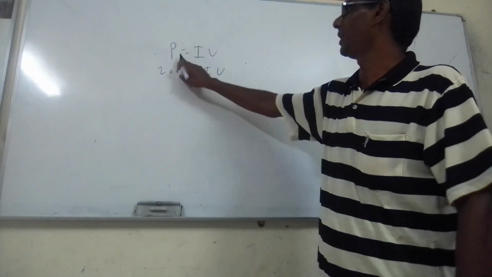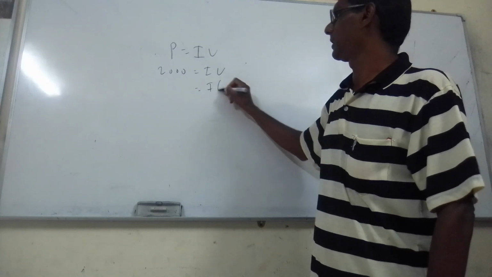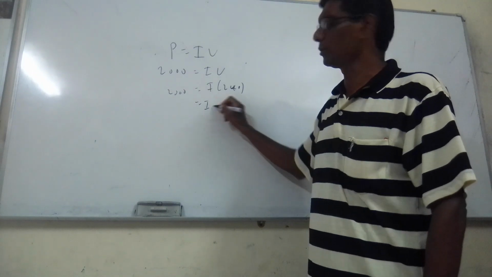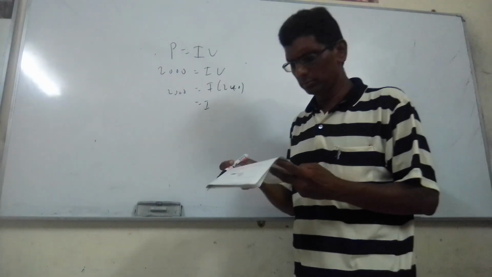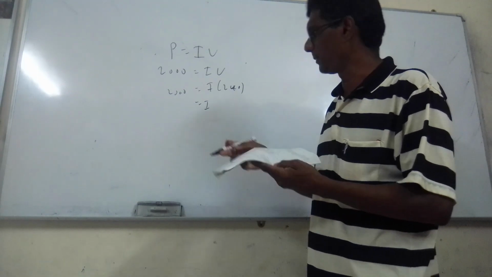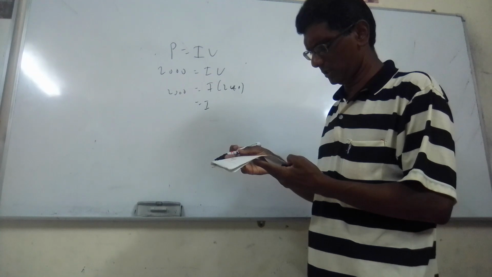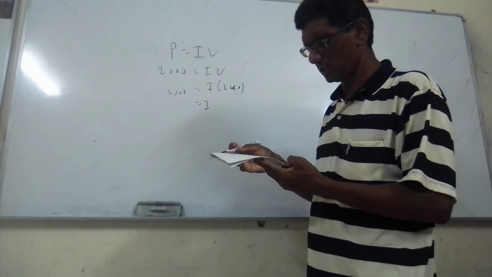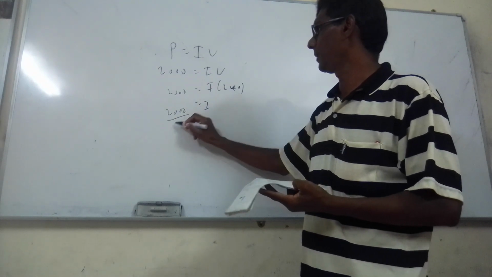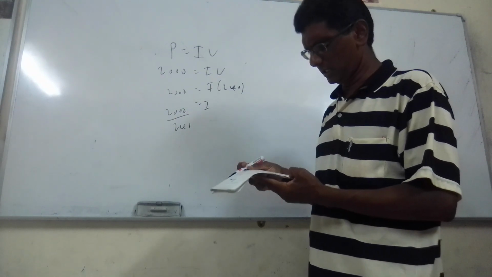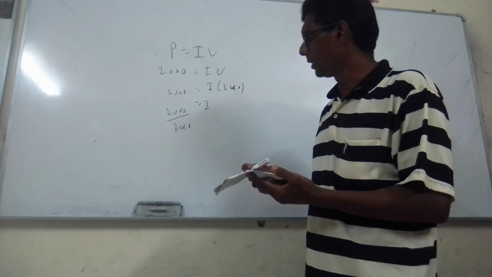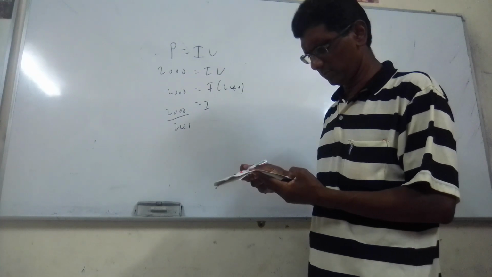Okay, 2000 watt and the voltage is 240 volts. So I equals 2000 divided by 240, which is 8.33 something.